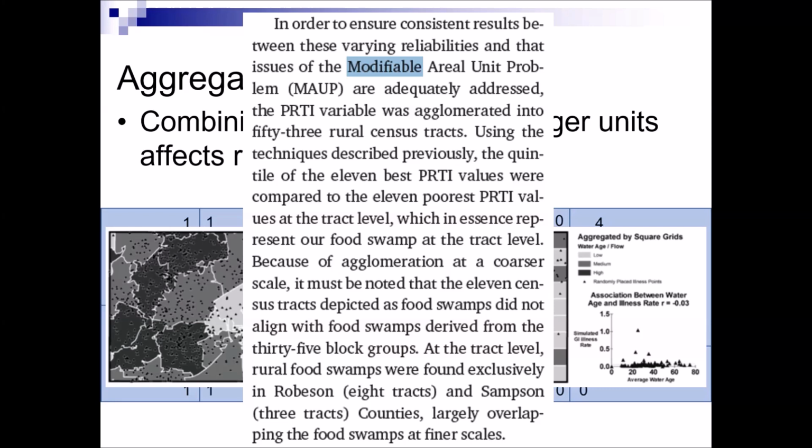So see, it's not a MAUP issue. It's basically the underlying theme that we were trying to prove with food access or whatever here. And so you can kind of see these right here.